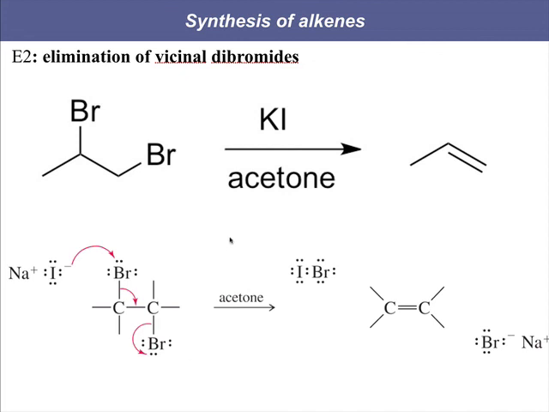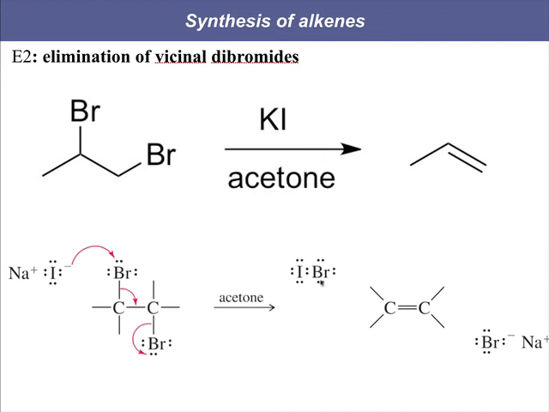I'm going to show you a very cool example of a reaction using this mechanism, and we're going to wrap in a lot of the prior contexts that we've talked about for, let's say, Newman projections, chair conformations, E2 mechanisms, elimination of vicinal dibromides, formation of double bonds, Zaitsev's rule.